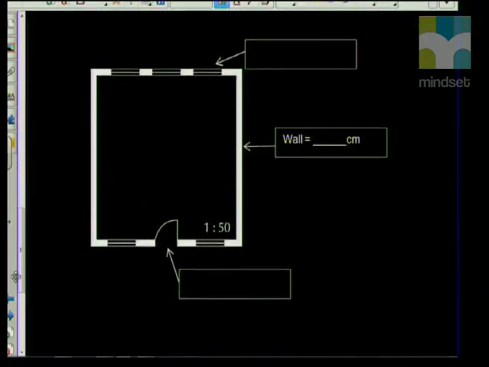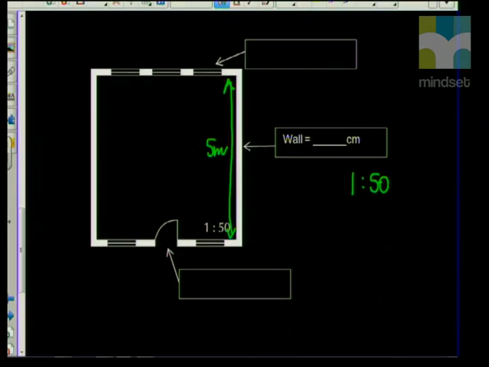So we know that this distance in real life is 5 meters, but obviously my plan is not going to be able to draw that accurately if I don't know how far it is in centimeters to draw it so that everything is in relation to each other. So I always like to go 1 is to 50.